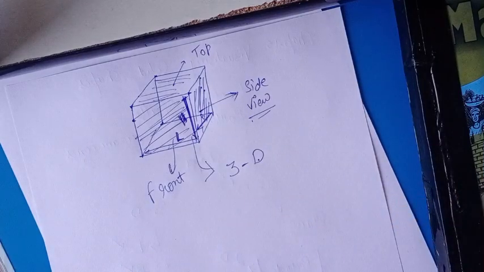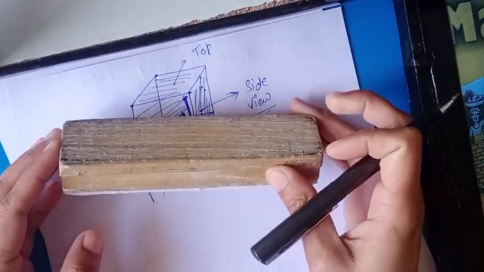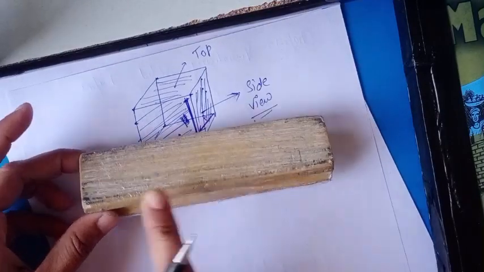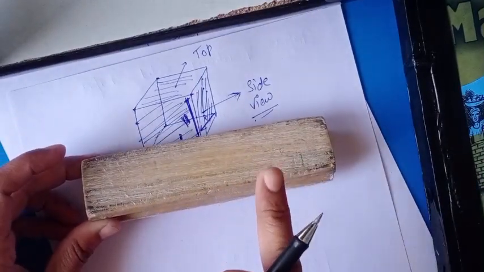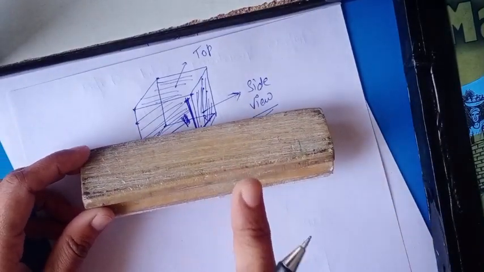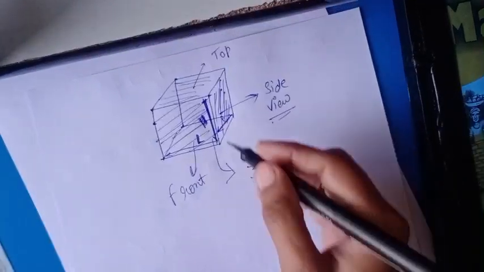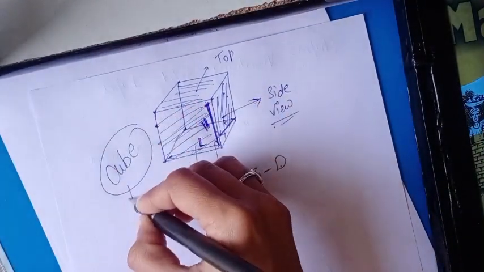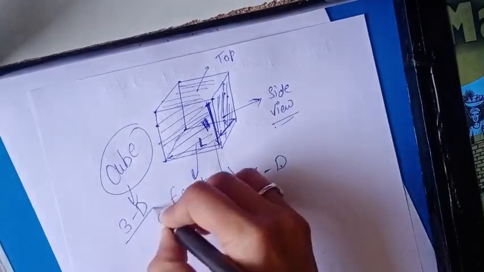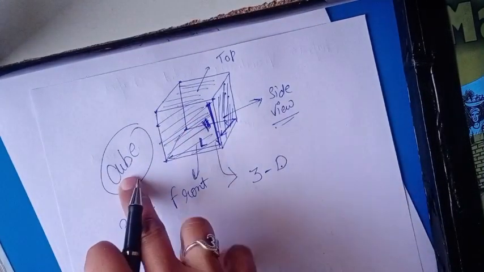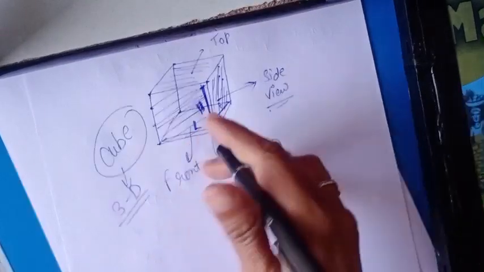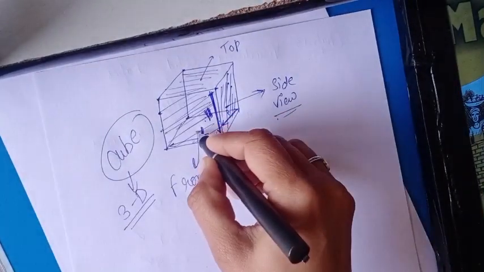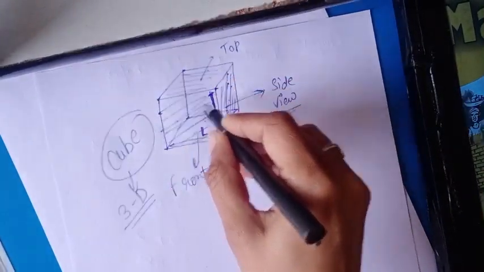We will also discuss it with the duster. This is a figure of a rectangle. Then the 3D shape is called a cuboid. This is called a cube in 3D shape. In 3D shape this becomes a cube because this figure is made up of squares everywhere.